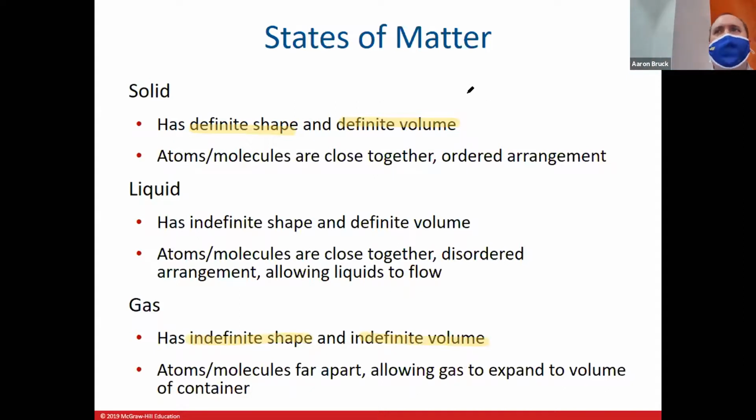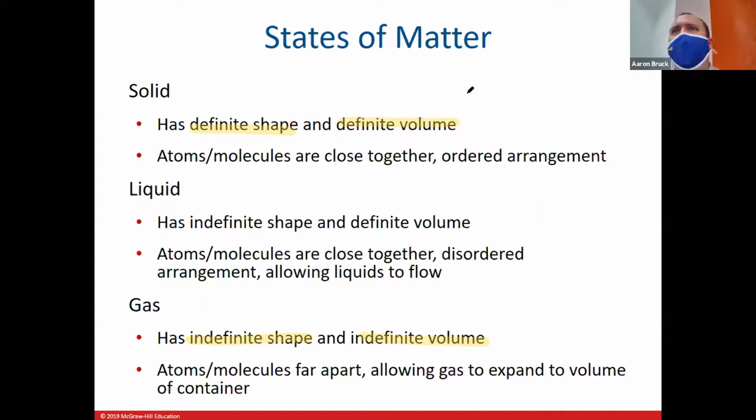Solid, everything's defined, everything's compacted, everything's very organized and ordered together. And because of that organization, because of that rigidity in their structure, how close together the molecules are, that's how we get that defined shape, that defined volume.